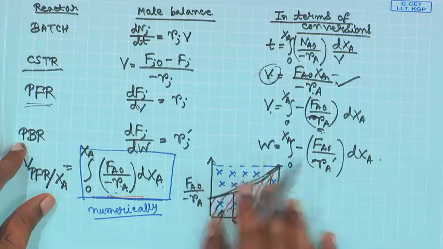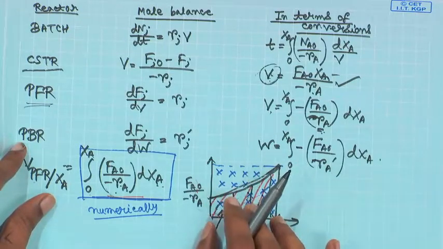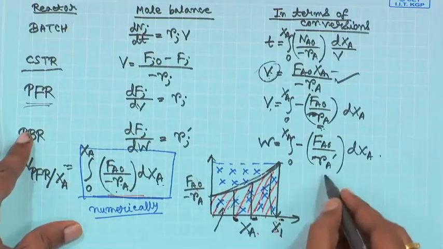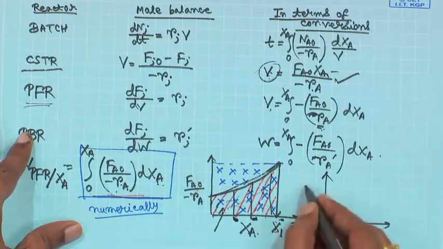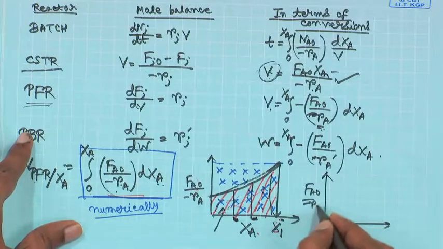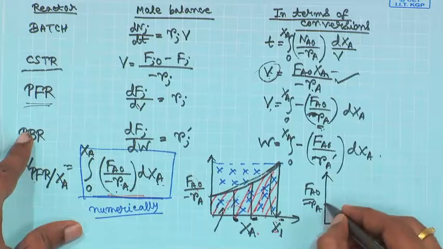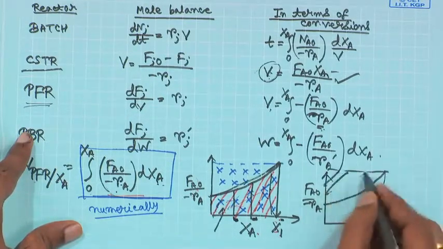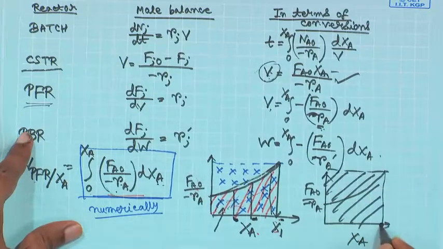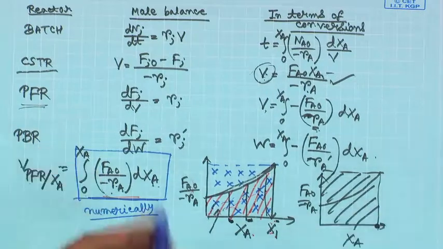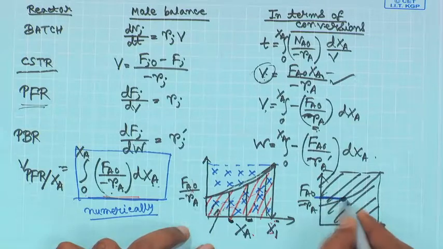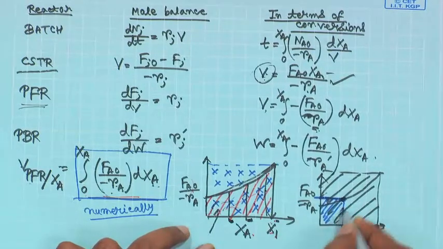So the overall volume will be the same, but this is not the case for a CSTR, because if you plot Fa0 over minus Ra versus Xa, you have this kind of graph. This is the area under the curve when you use only one CSTR to achieve this conversion. If you use two CSTRs, you start with this conversion; for the first CSTR, the area will be this.